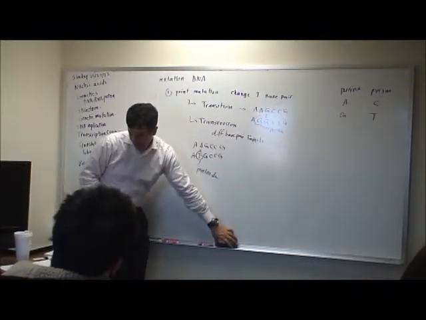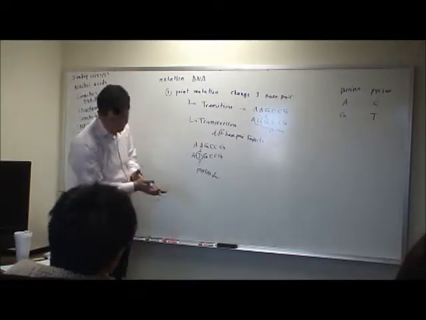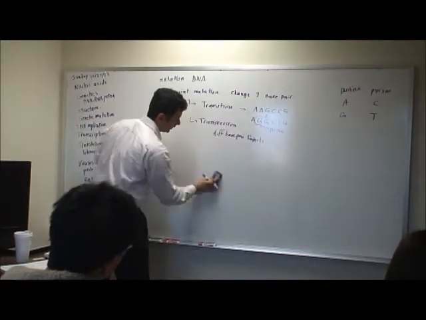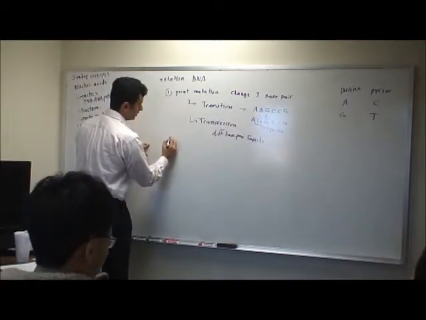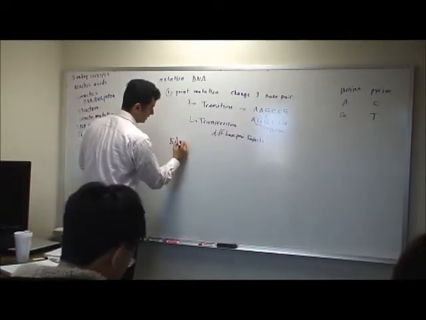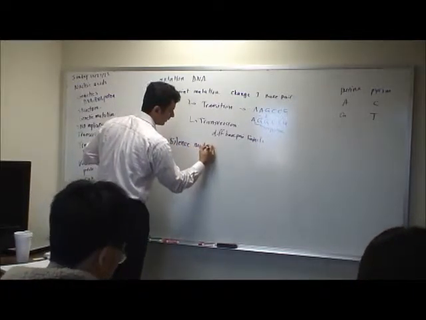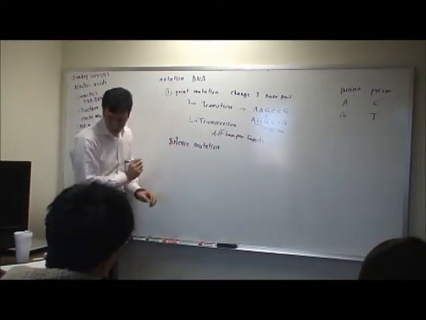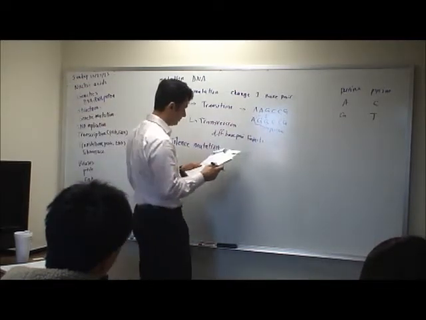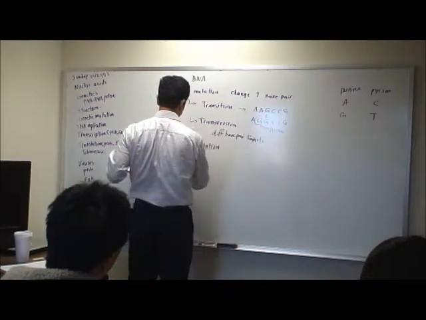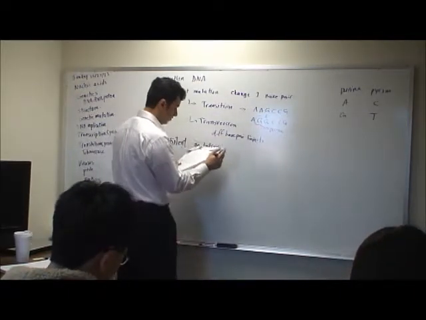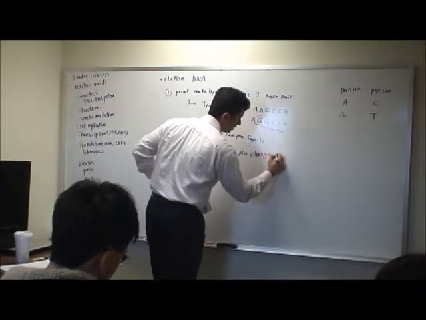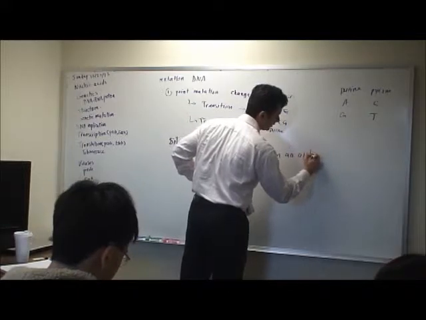Now, if you classify them further, how would they affect the protein? This is the general idea, and then you go into another classification of point mutation, starting with silent mutation. So what is a silent mutation? In a silent mutation, you see no change in the amino acid outcome.